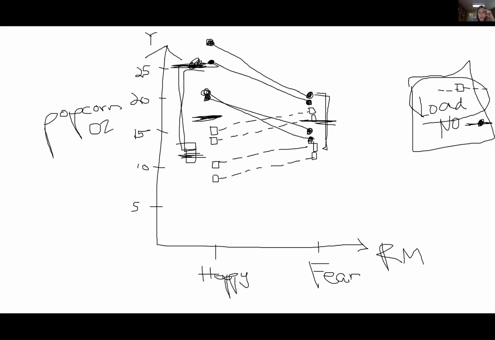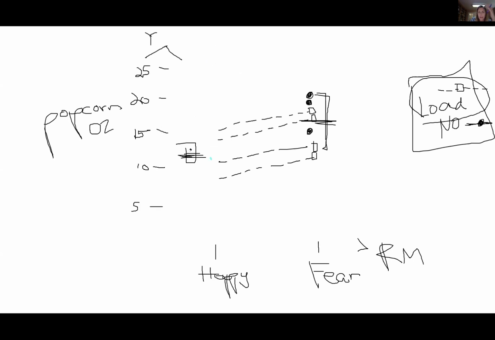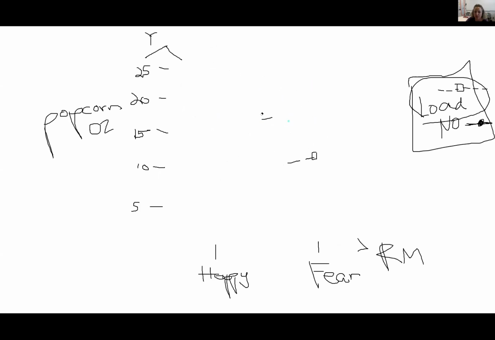I mean, it would flip-flop if you just had fear first and then happy. Do you know what I mean? So it doesn't matter if it increased or decreased. Okay, let's see. Because happy and fear aren't ordinal. So I'm just seeing that whether you eat before a movie is what matters. Yes. Let's see.